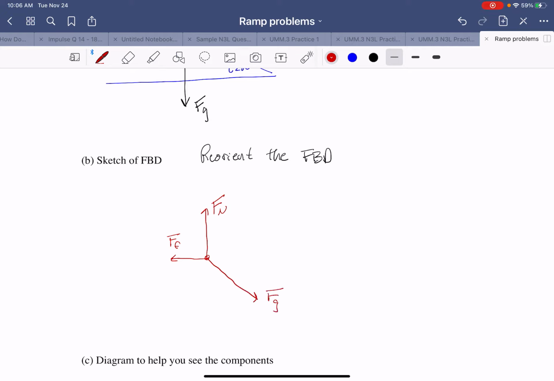To recap, my normal force is always up. I rotated my friction force 20 degrees to make it horizontal.